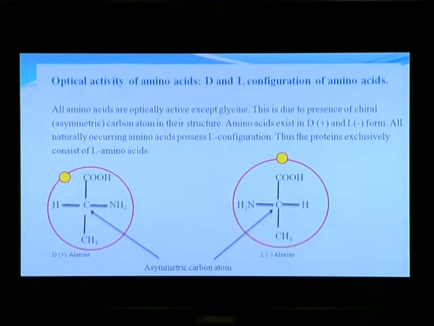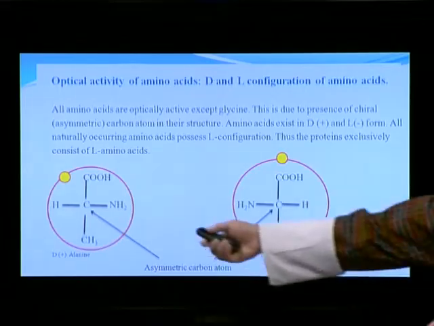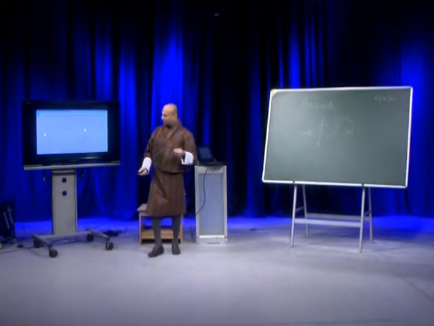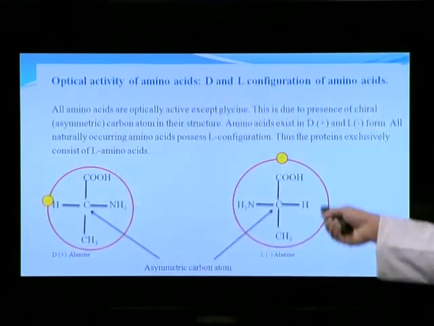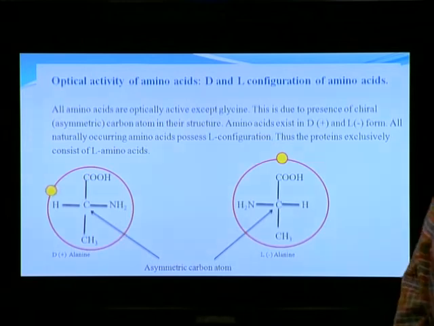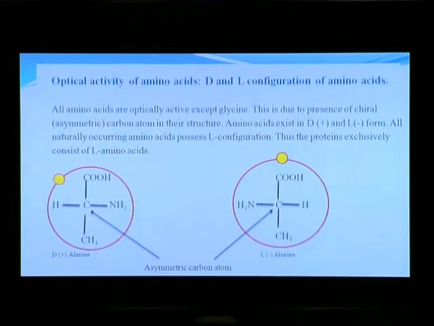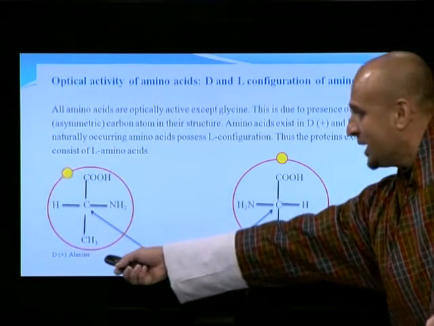So if you look at this structure, these are the two isomers of alanine, and this is D form and this is L form. If you pass plane polarized light, this molecule will rotate light towards right. So this is dextro, D, or also can be written as plus alanine.